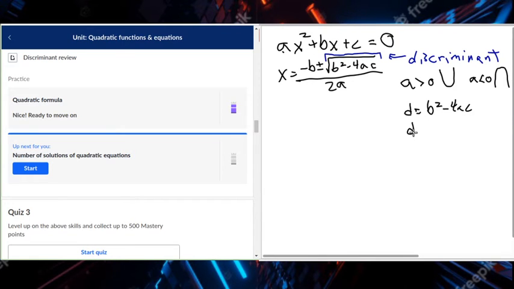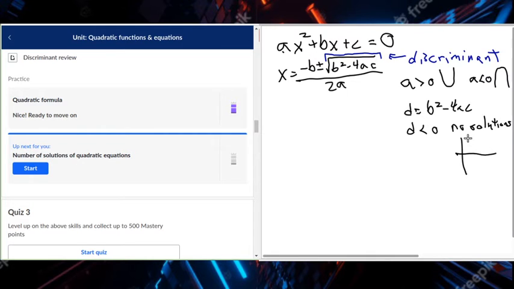So if D is less than 0, then we don't have any real solutions. We can't do this yet. We don't have any real solutions to this square root, and so there are no solutions, and it doesn't cross the x-axis.